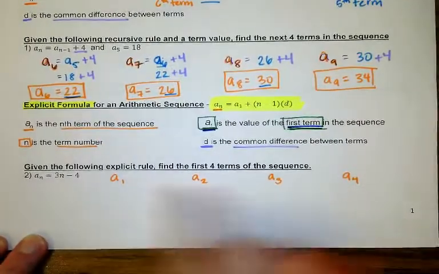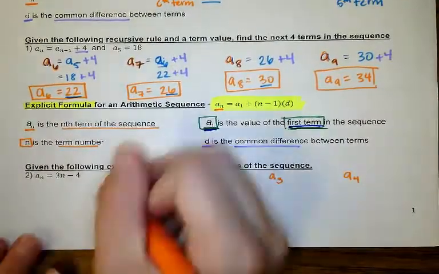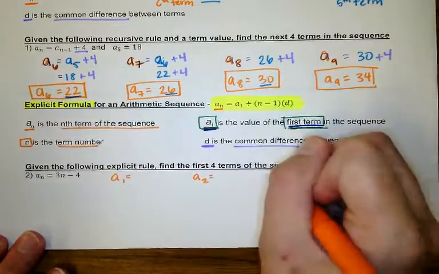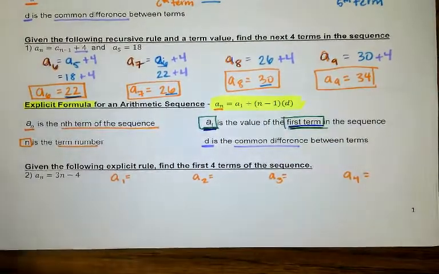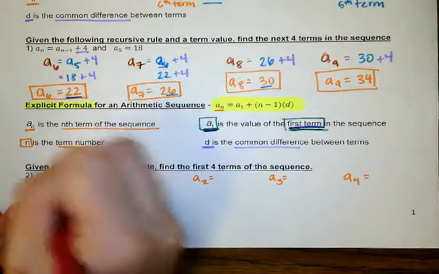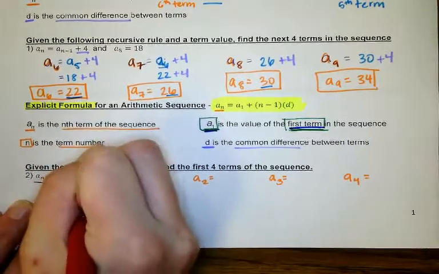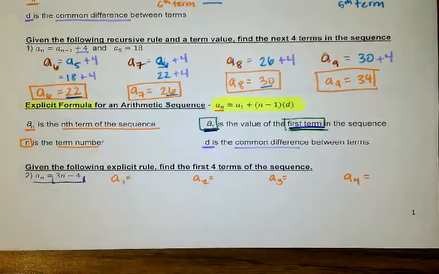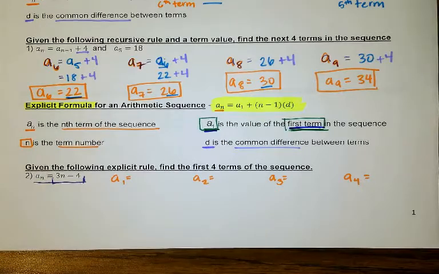And guys, we are given the rule. The rule right here is a sub n equals 3 times n minus 4. Okay? So let's take a look at this, all right? So if we plug in, instead of an n, what are we going to plug in here?